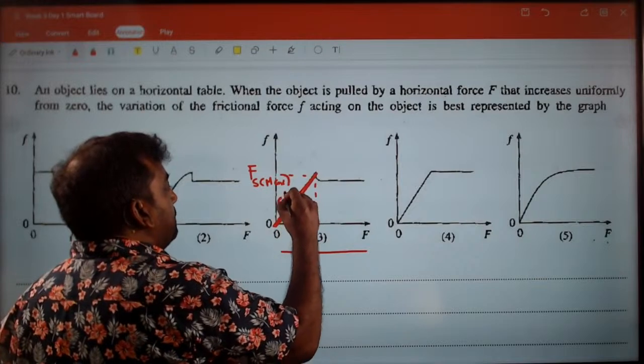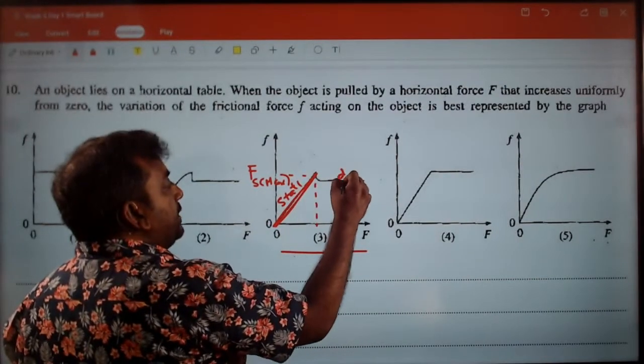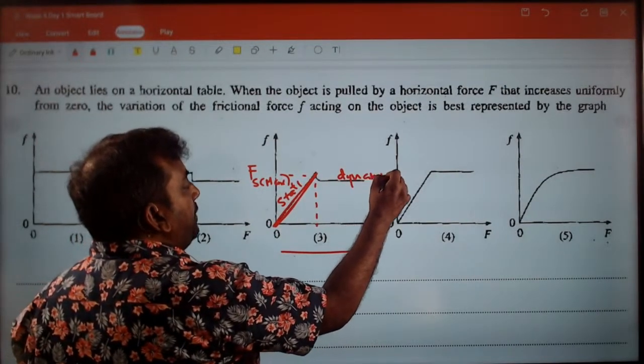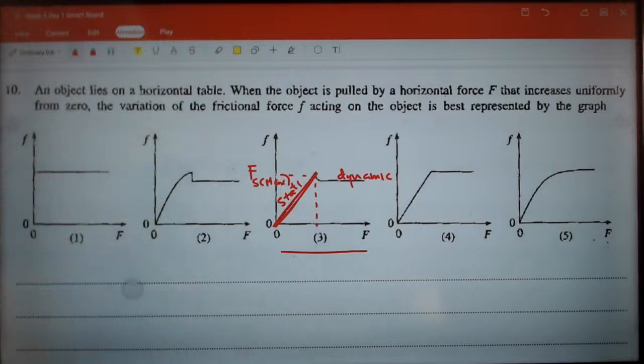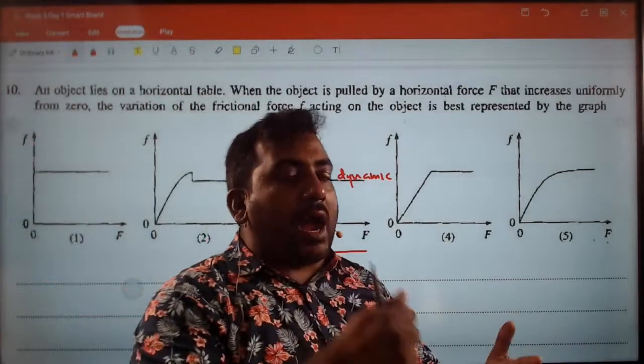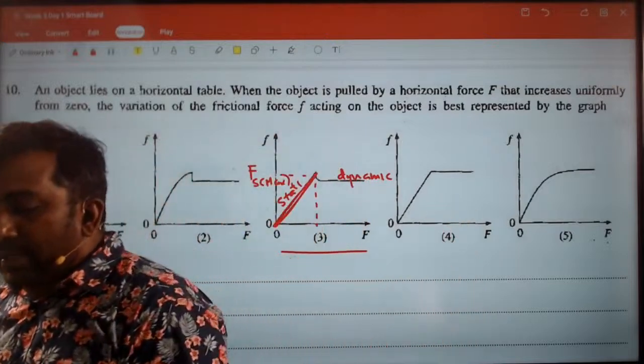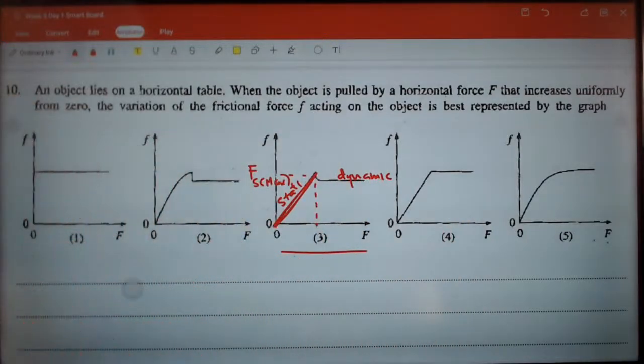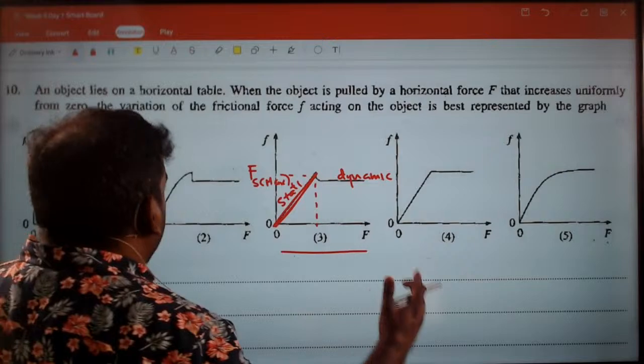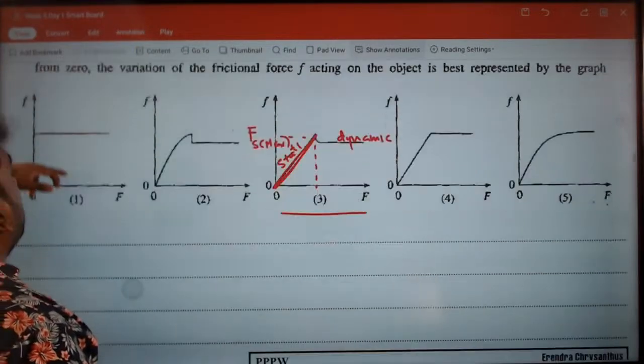This part is static. This part here is what? Dynamic. Static and dynamic. Clear? So these are all very simple things. You can't get it wrong. Quickly you have to answer and finish it. Attack it with all your mind. Finish it all.